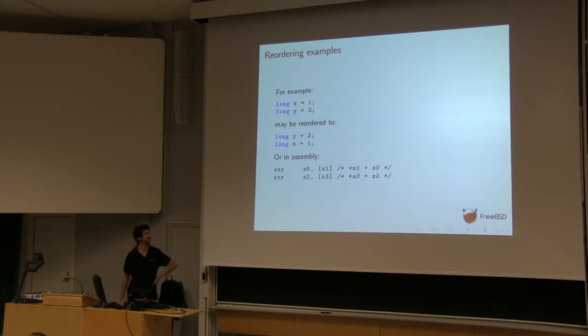So an example, x equals 1, y equals 2. This could happen: x could be stored first, y could be stored second, or it could be y stored first, x stored second. You don't know. This is the assembler example: this is doing store x0 into the address pointed at by x1, and the second is register x2 stored at the memory that's pointed at by x3. We don't know what order the hardware will decide to execute those two instructions in.